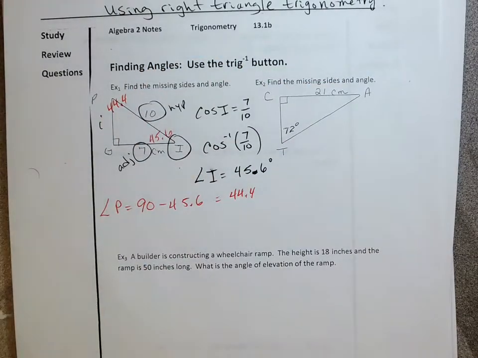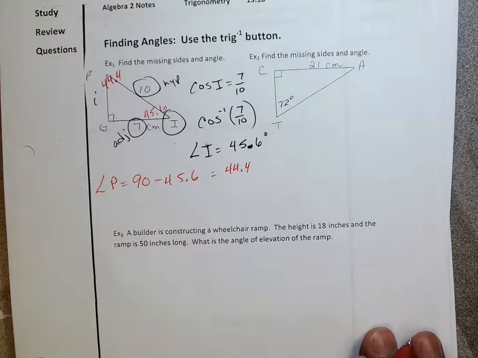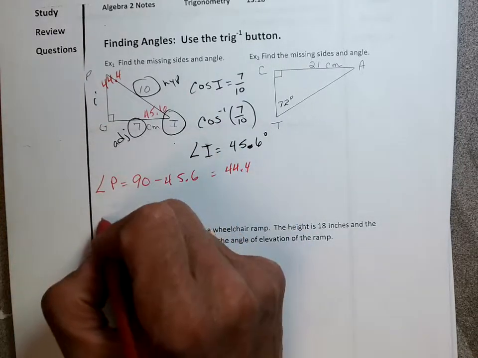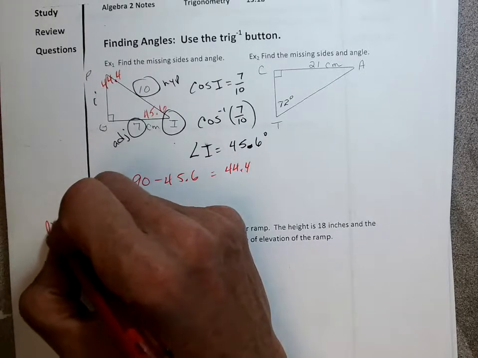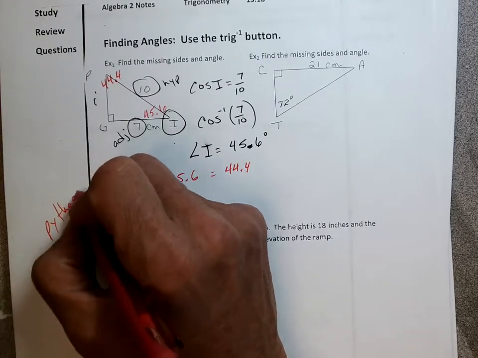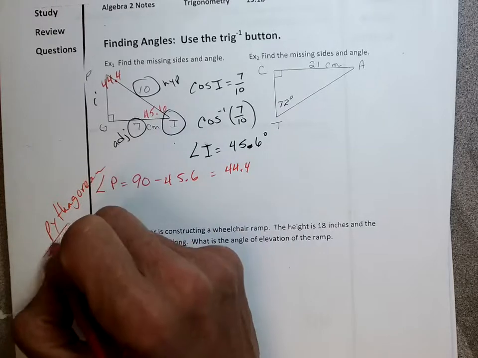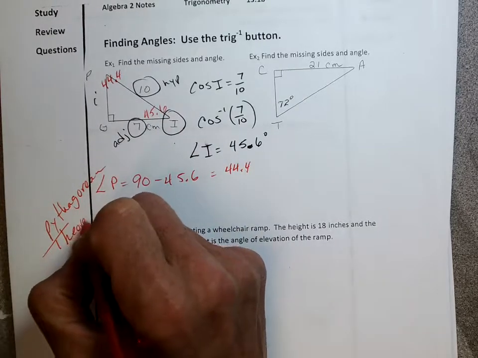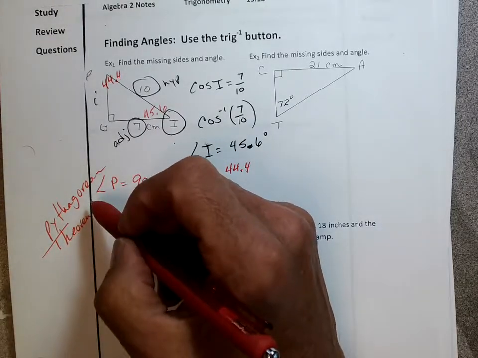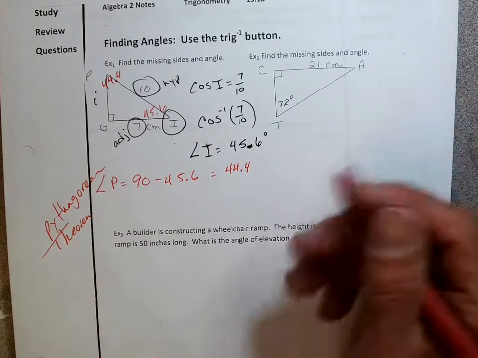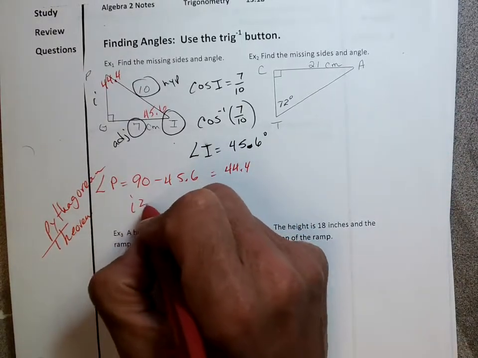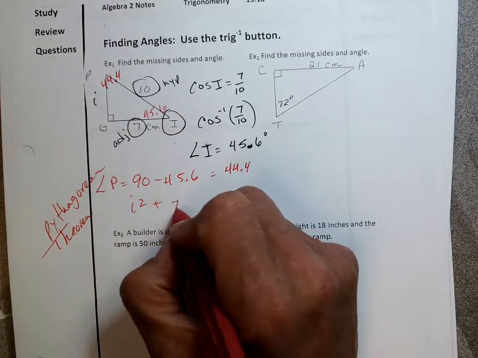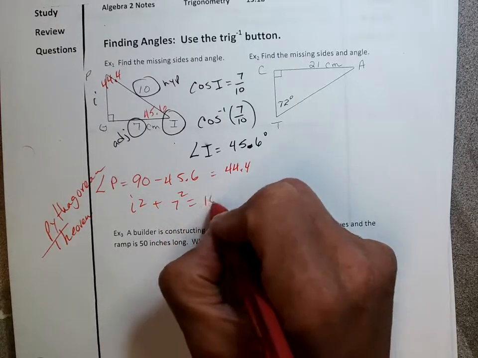And then finally, we could find little i by the Pythagorean theorem, right? Pythagorean theorem, which is 3,000-year-old math that we still use, but it's not a proof. i squared plus 7 squared equals 10 squared.